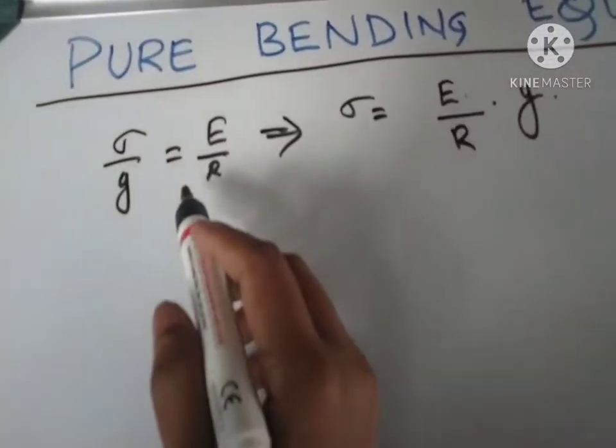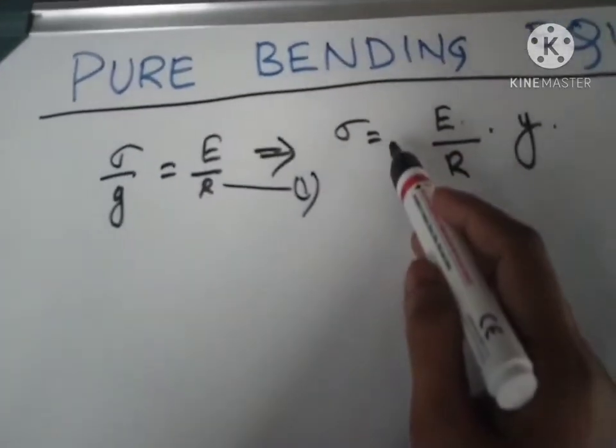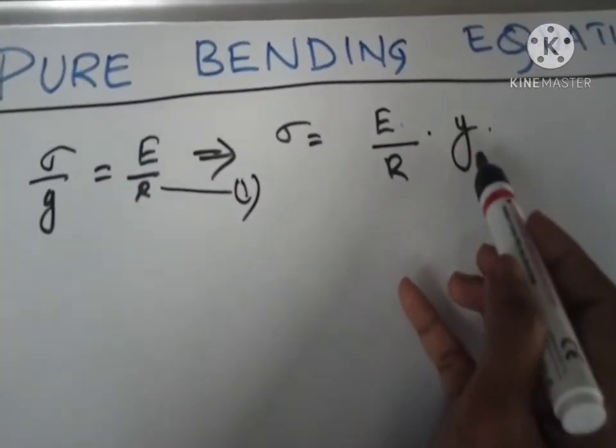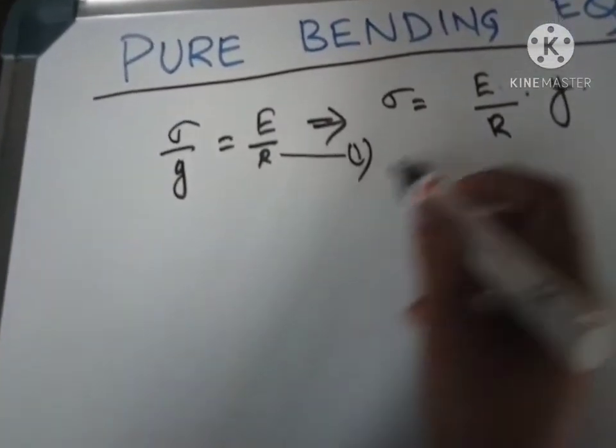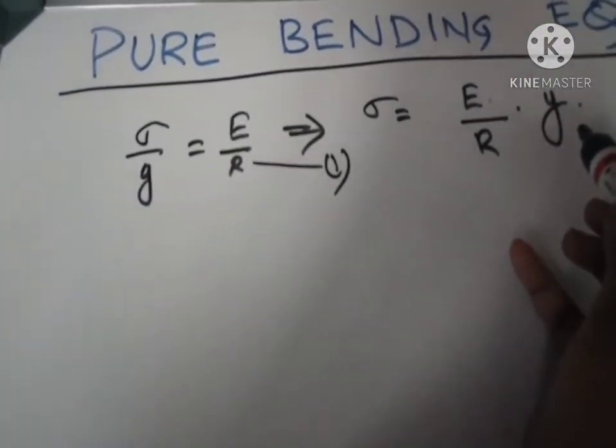So from the first condition we have sigma by Y is equal to E by R. From that you can write sigma is equal to E by R into Y. That is the expression for normal stress.